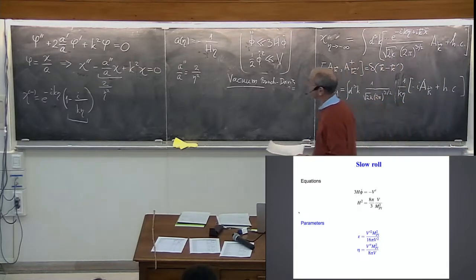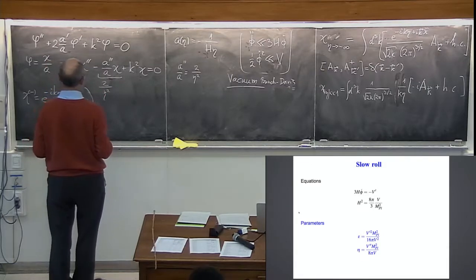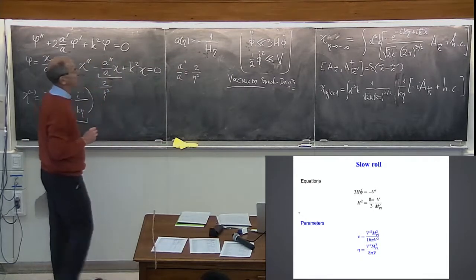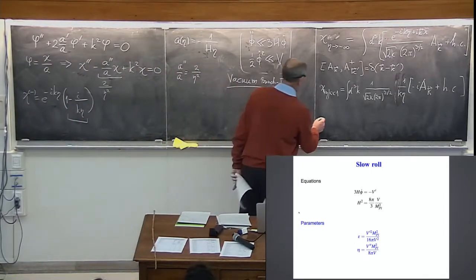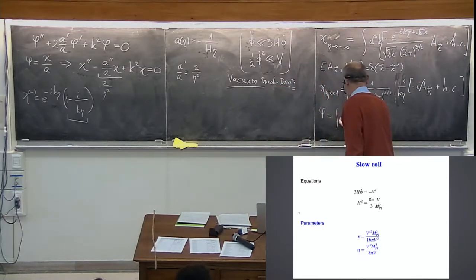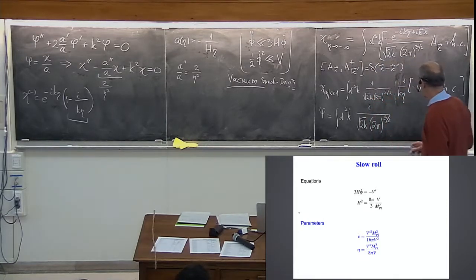And phi, the original field, is related to chi in this manner, and I recall again this relation here, that a is 1 over H eta. So phi in the superhorizon regime will be this. That's the final formula for the quantum field in the superhorizon regime. Again, the same factor here.